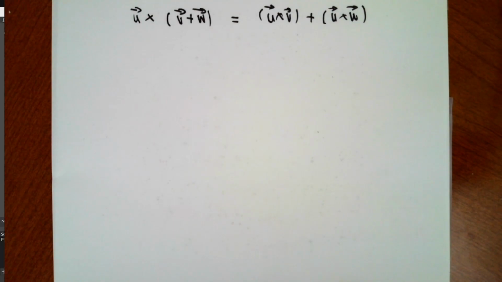Is u cross product the vector v plus w going to be the same thing as the two vectors u cross v and u cross w added together? The answer to that question turns out to be yes, and we can verify it in the same sort of way that we've done these other ones.